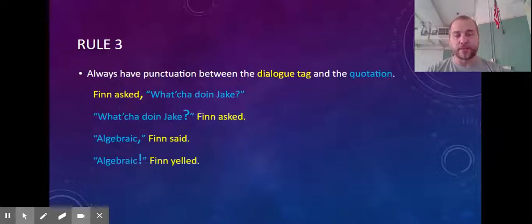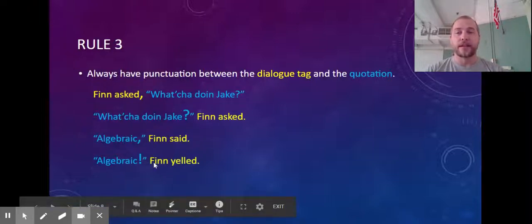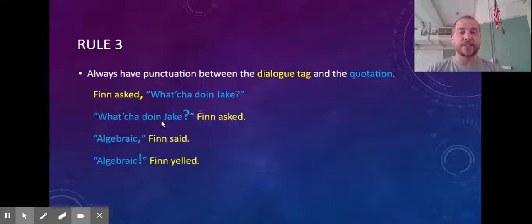Now, your punctuation will change a little bit if the dialogue tag comes second. And I have 3 examples of what this could look like. And so if the quotation comes first and it's a question, you're going to put a question mark and then the dialogue tag. If the quotation comes first and it's neither a question nor an exclamation, you're going to use a comma and then the dialogue tag.